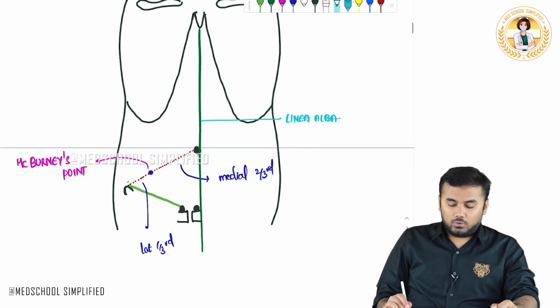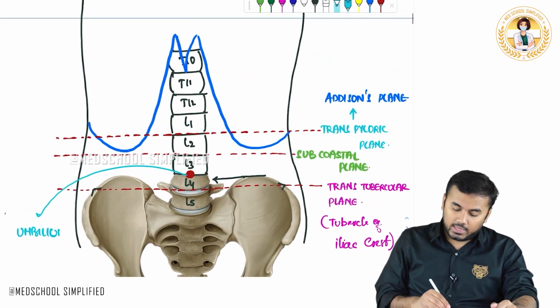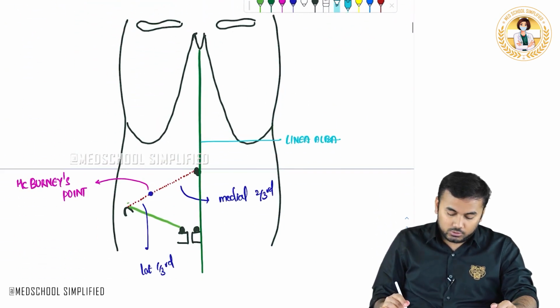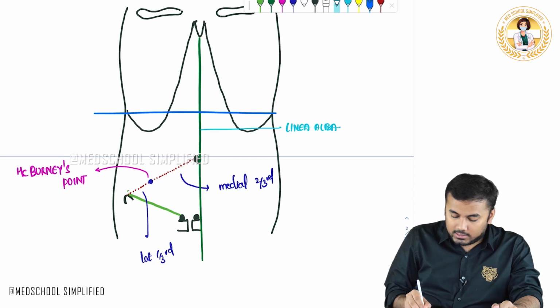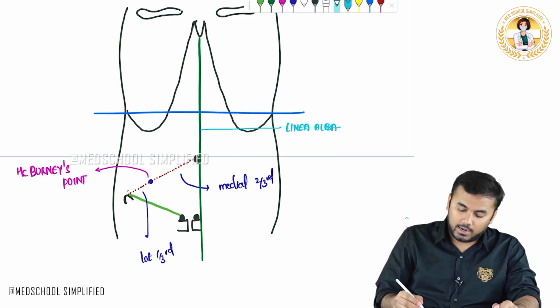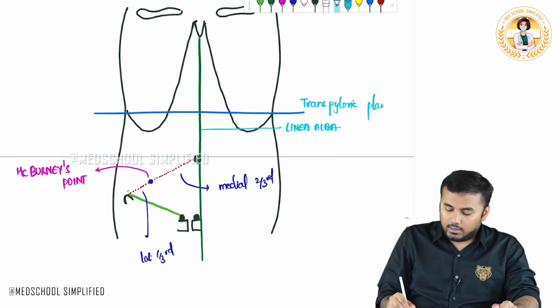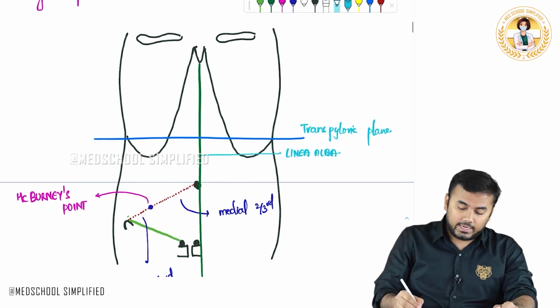Now, all of you know that, as we have already discussed, just below L1 we have got a plane called the transpyloric plane, right? So here at the level of L1, let me draw a plane like this. This plane is called the transpyloric plane. Transpyloric plane, right?